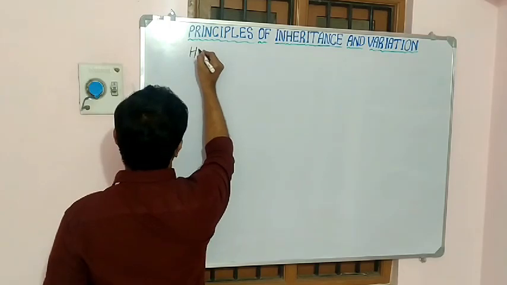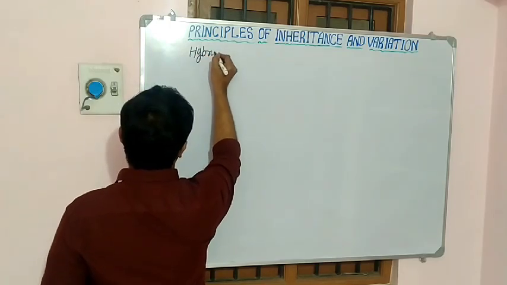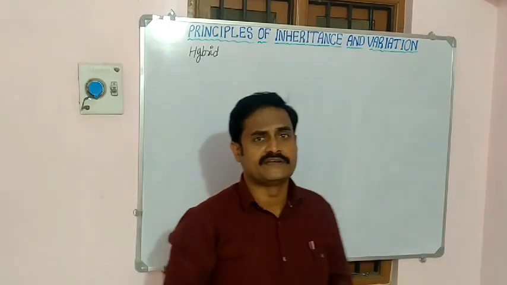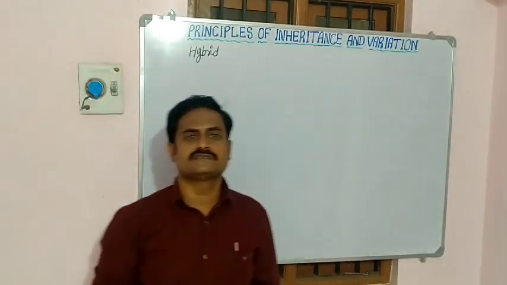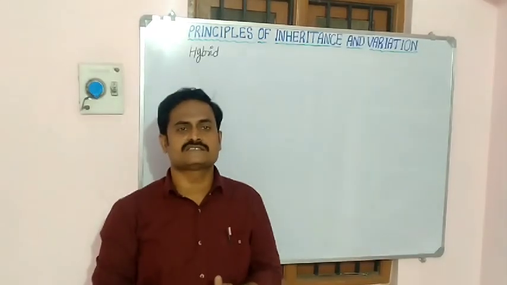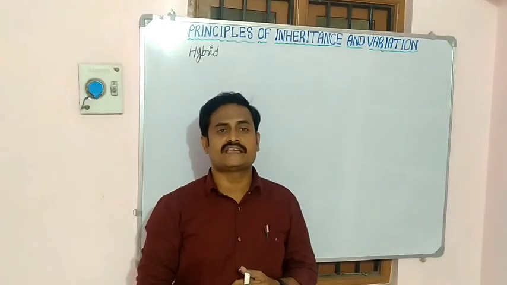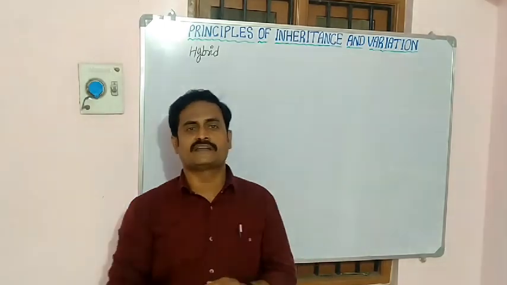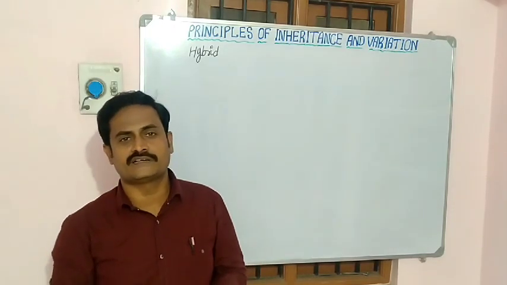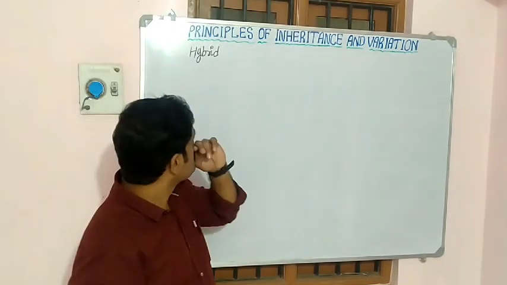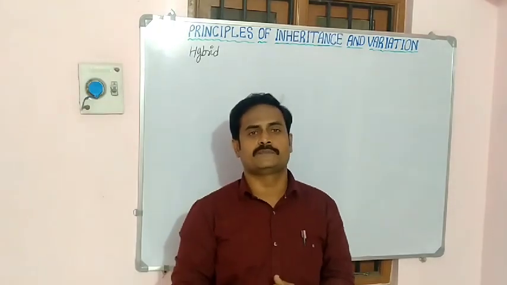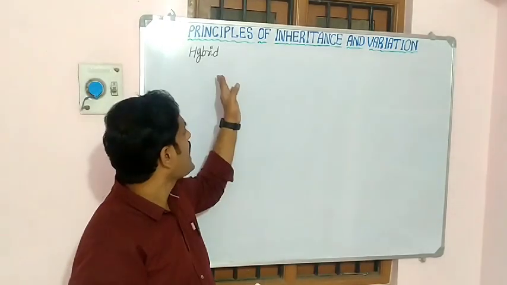Hybrid. What is a hybrid? A hybrid means the plant which consists of heterozygous characters. That means they have two different alleles or two different traits. Such plants we get from the parental plants, and they are called hybrids.